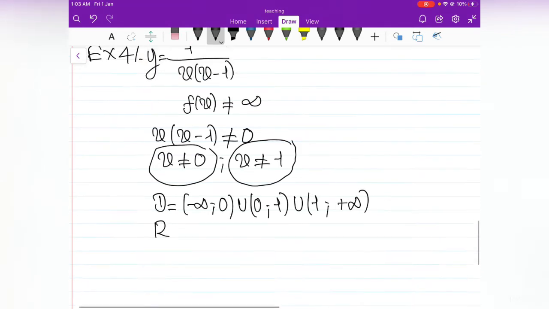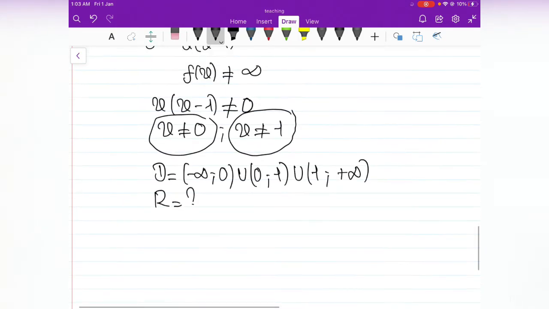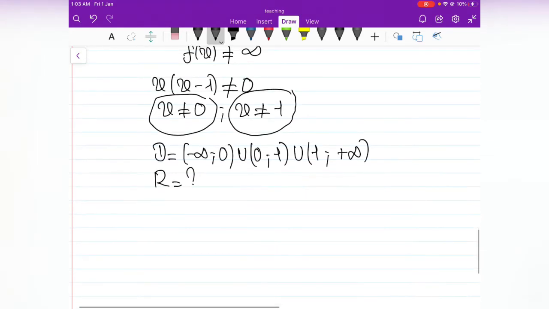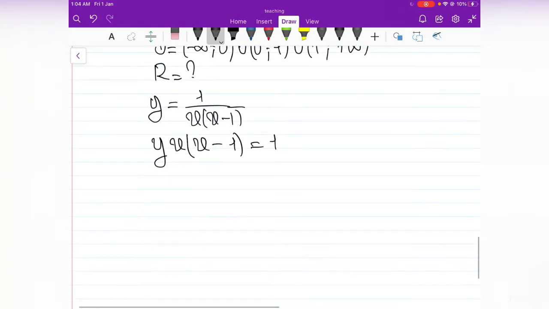And for the range, how do we find it? The range is any value where delta is bigger or equal to 0. So we need to consider this case. If you rearrange the equation and multiply y and x into the equation, we will get x squared minus yx minus 1.